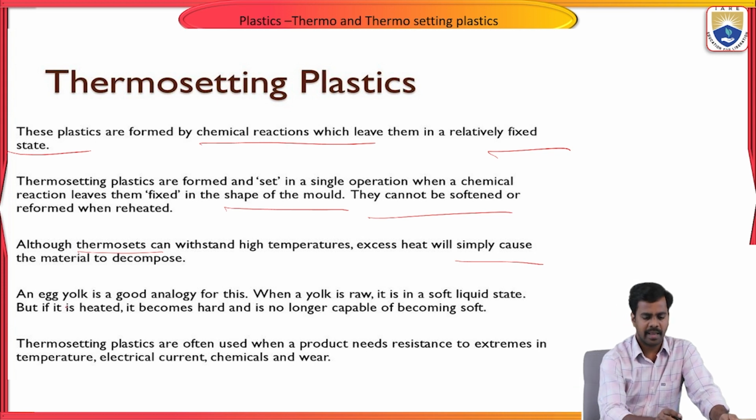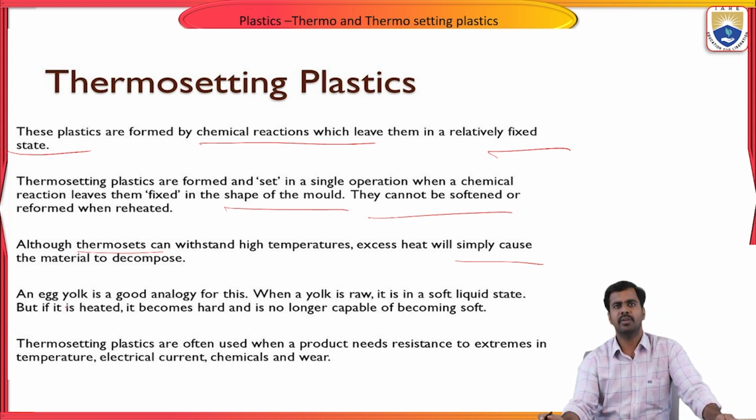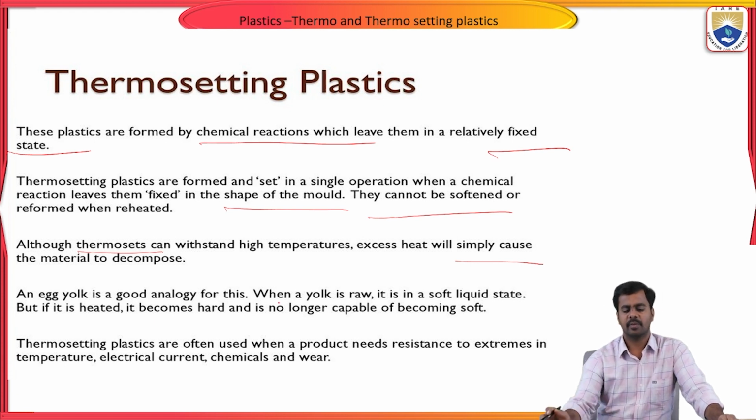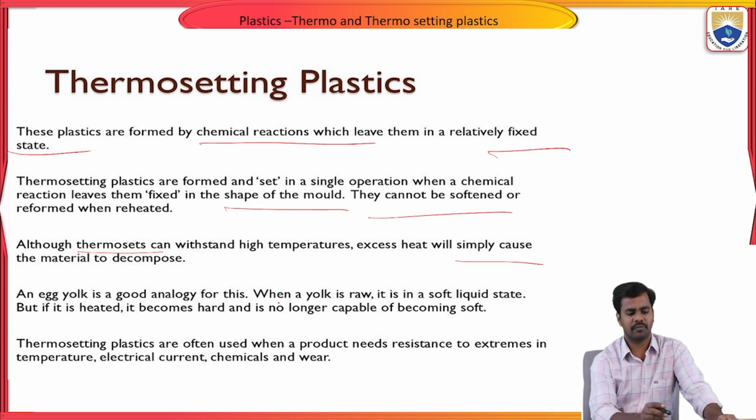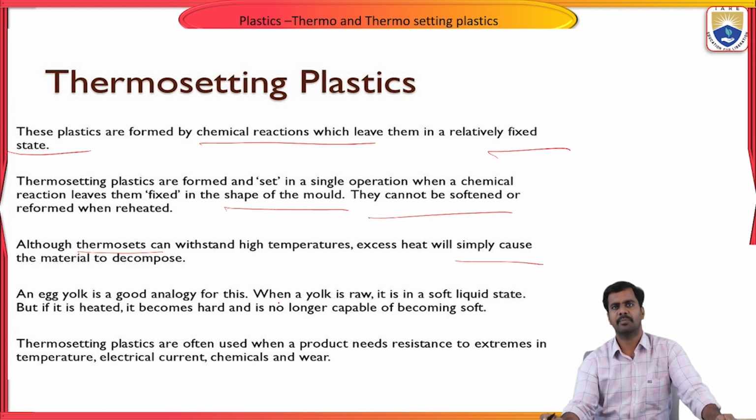An egg yolk is a good analogy for this. When a yolk is raw, it is in a soft liquid state, but if it is heated, it becomes hard and is no longer capable of becoming soft. So that is a good example for thermosetting type of materials.